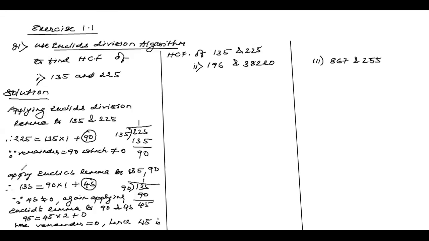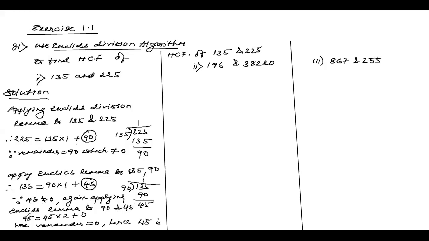Got it? Hence, applying Euclid's lemma to 135, 90. What do you get? 135 equal, again divide करके, 135 equal 90 into 1 plus 45. Therefore, since 45 is not equal to 0, again applying Euclid's lemma to 90 and 45.